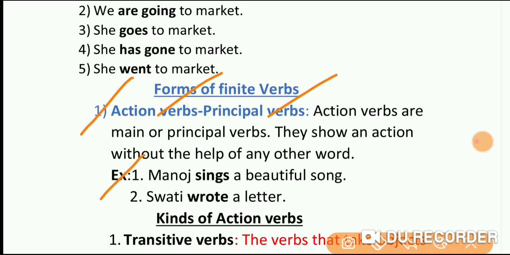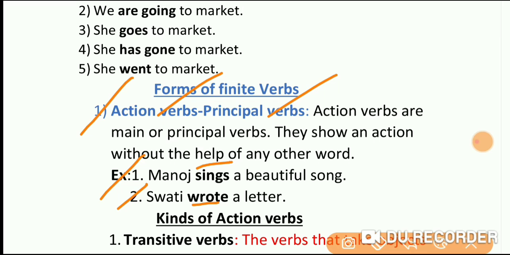Here you can see the example. Manoj sings a beautiful song. Swati wrote a letter. Here in these two sentences, sings and wrote have their own meaning. They don't take the help of any other word. Who sings? Manoj sings. Who wrote? Swati wrote.